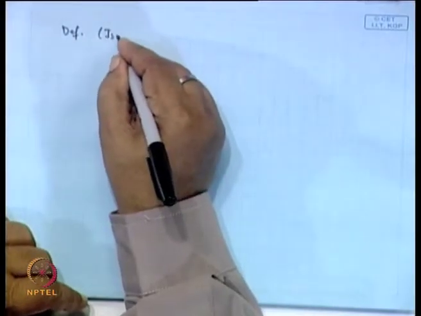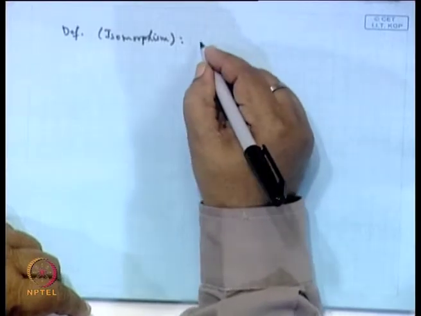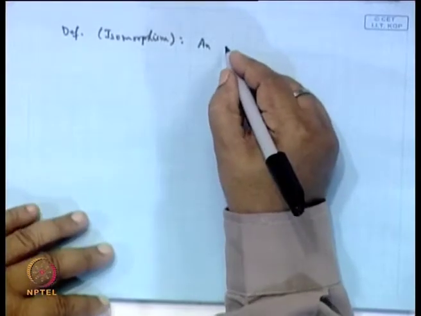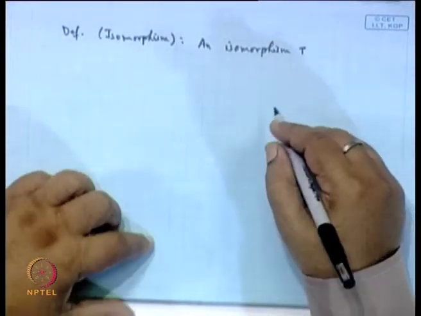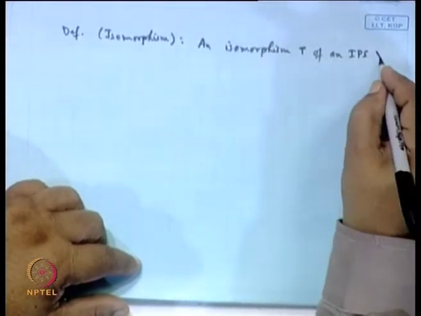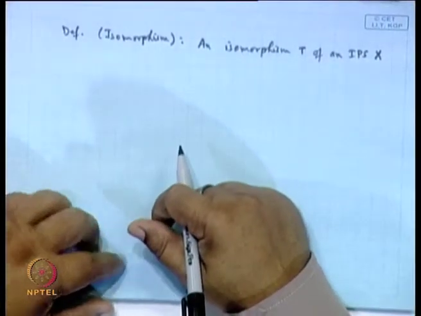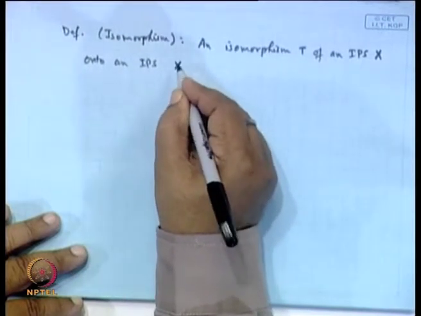So, before going for the completion, we require the definition of isomorphism. We define the isomorphism over inner product as follows: an isomorphism T of an inner product space capital X onto an inner product space X delta.